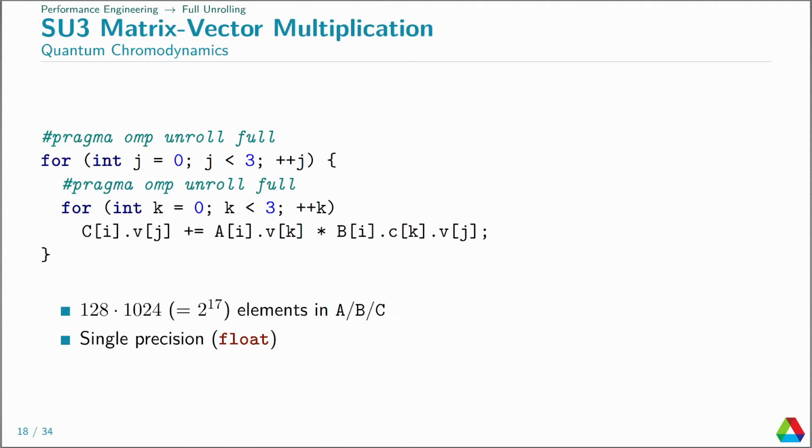This constant trip count is quite bad for the branch predictor of a CPU, because after three iterations it will usually assume that it will continue iterating, but at the fourth it will stop the loop. So this will be a branch predictor mismatch, which would be better if we had just straight line code.